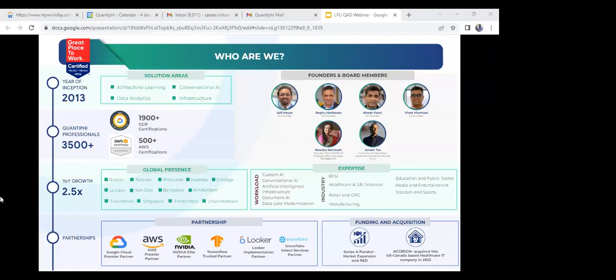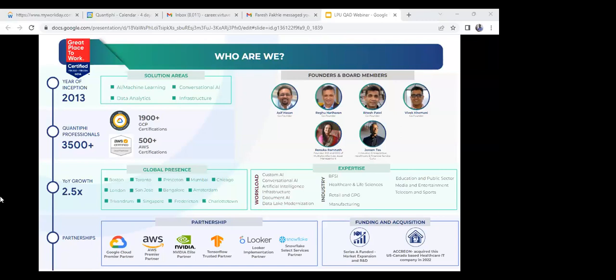Right. And the last on the slide is funding and acquisitions. We are Series A funded, but that was purely with the intention of market expansion and R&D, not for day-to-day operations. We have been growing organically all these 10 years, and we look forward to growing organically.